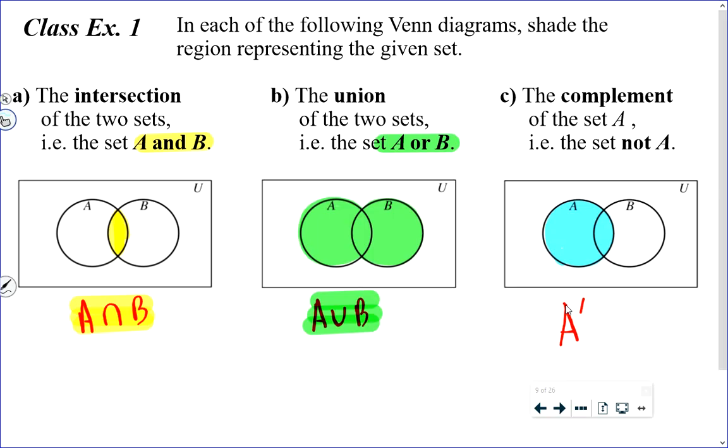It's telling me that not A is everything else. So if I shade in everything else, that will be not A. So what we're going to shade in here is the following. And I'm coloring outside the lines here. I'm sorry, I was never good at coloring, but I think you catch my drift here.